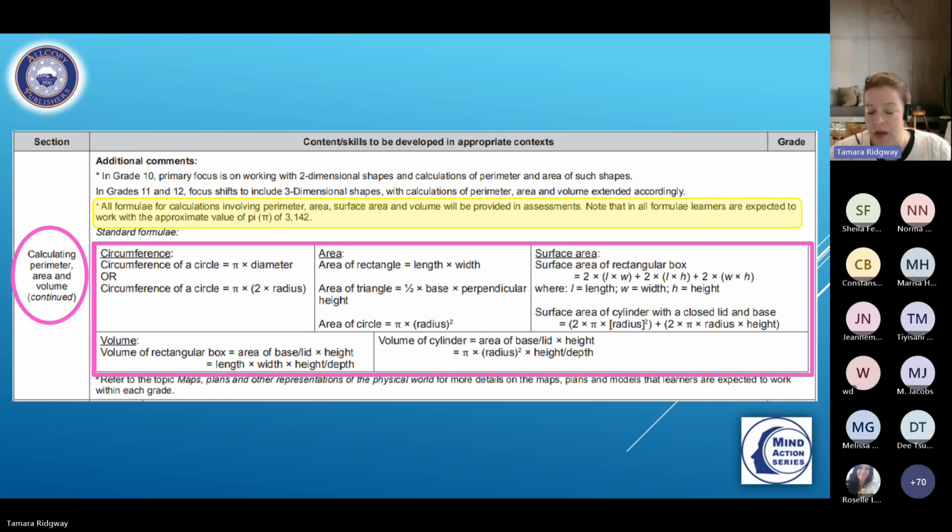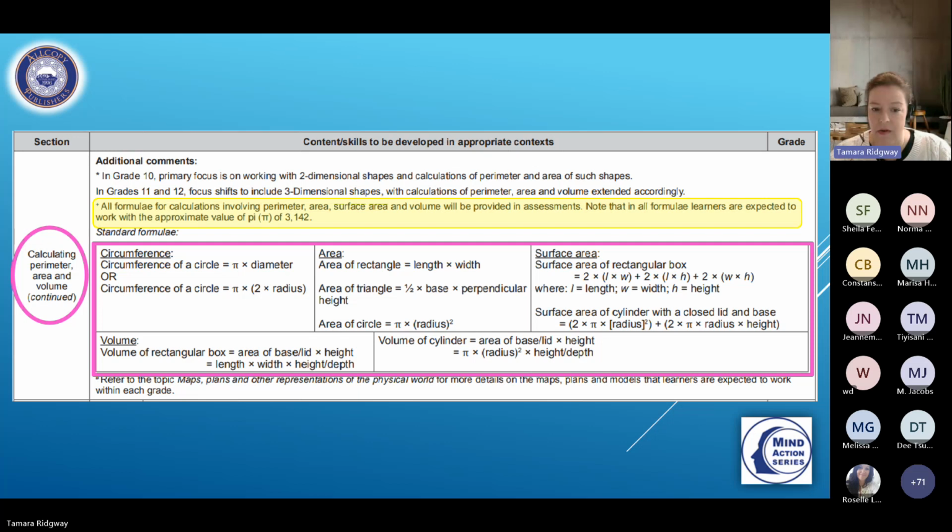Important, these are the formula that are given. So yes, we aren't dealing with circumference and area, but it's worth taking this opportunity to show you the formulas that are given. Circumference, the two that we work with, pi d or 2 pi r, area of a rectangle, area of a triangle, and area of a circle.